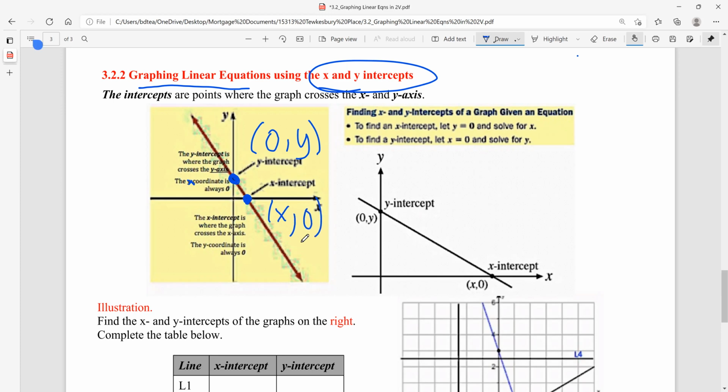So you can think about it in opposite forms if you want to memorize it. The y-intercept is always where x is 0, and the x-intercept is always for y equals 0.